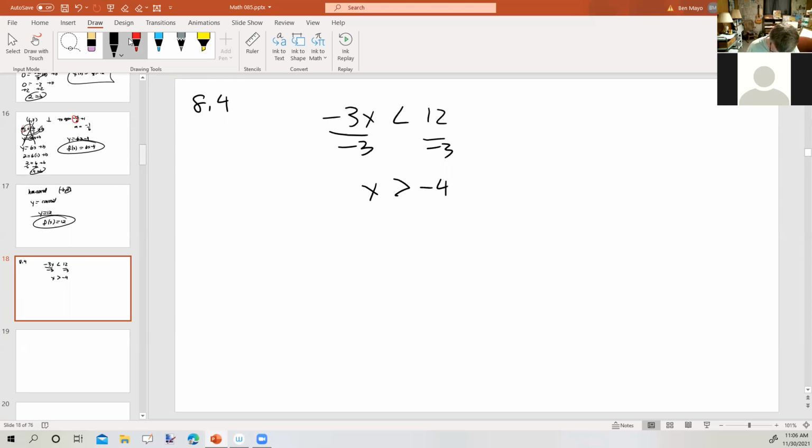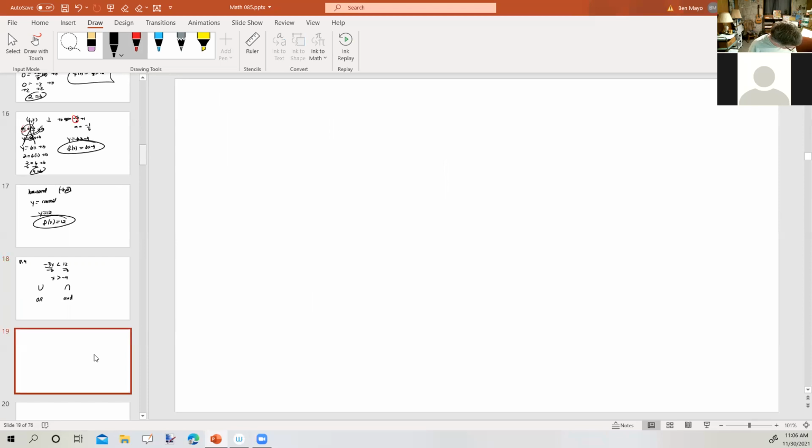Now, we had union and intersection. We had or and we had and. Or standing for union and and standing for intersection. Let's say we've got the following situation. We've got 1/2 x less than or equal to 2 and 0.75x greater than or equal to -6.